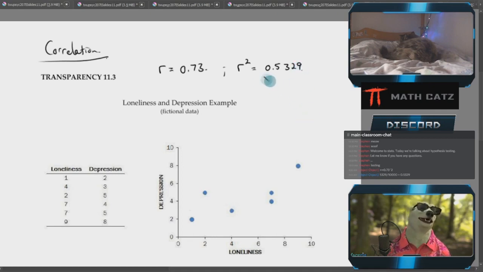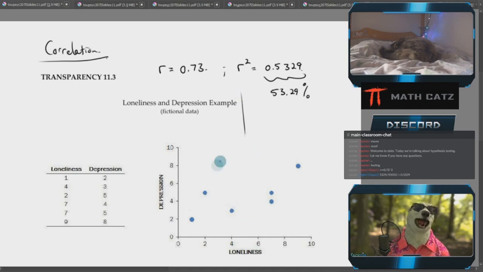This tells me, if I convert that to a percentage, 53.29% of one variable is, how should I say, what's the best words here? Let's use depression, for example. 53% of the variance in depression scores is accounted for due to loneliness. Let's say it like that.